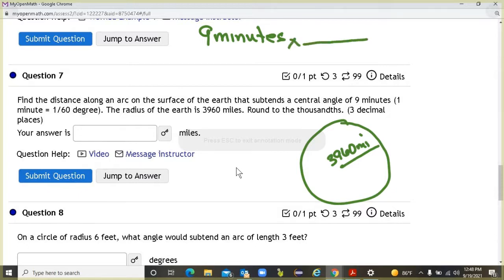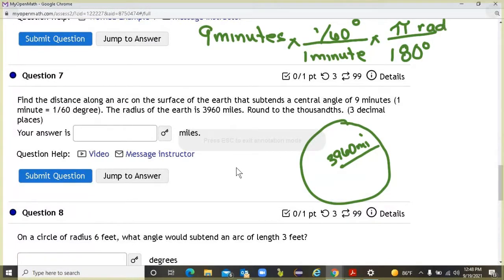Now what it told me was that 1 minute is 1/60th of a degree. But we don't want degrees. So we know that 180 degrees, or times pi, puts me in radians. Okay, so this would be radians if you want to put the measure on there.